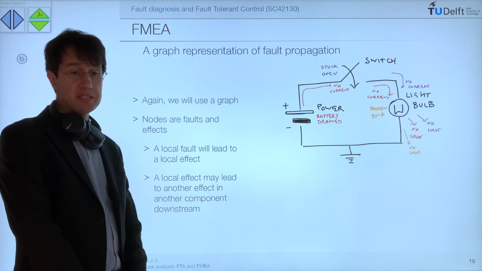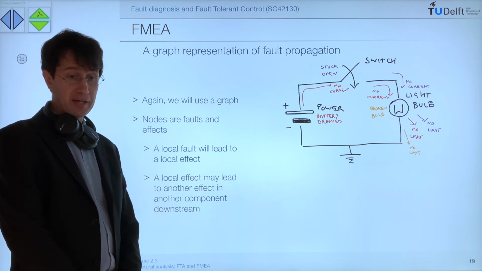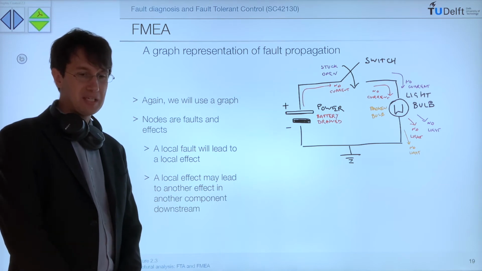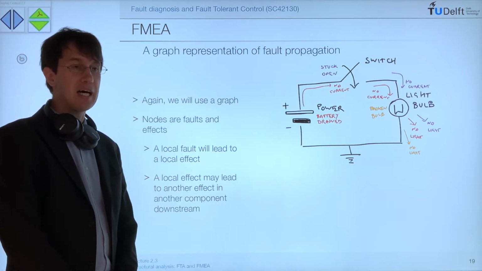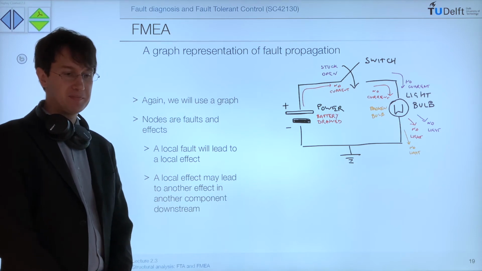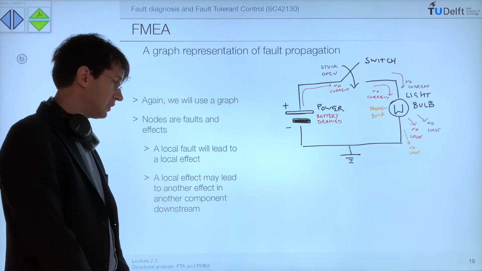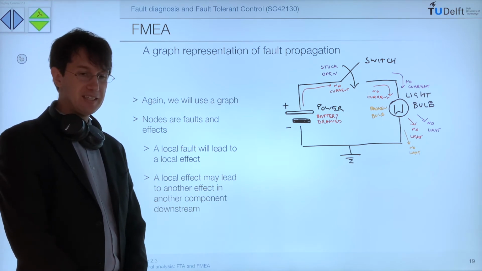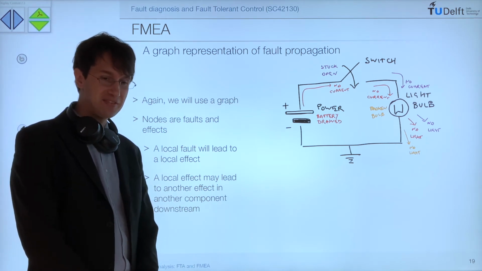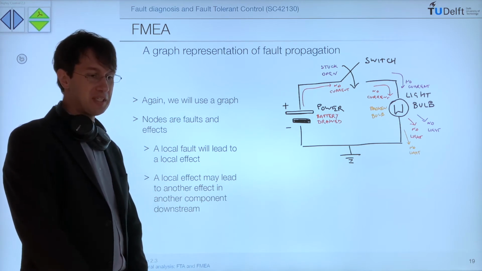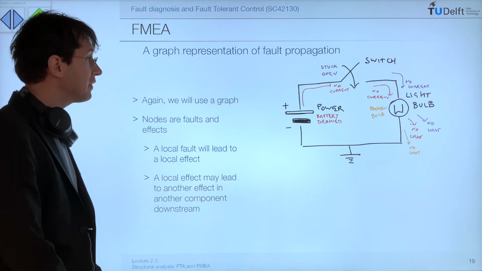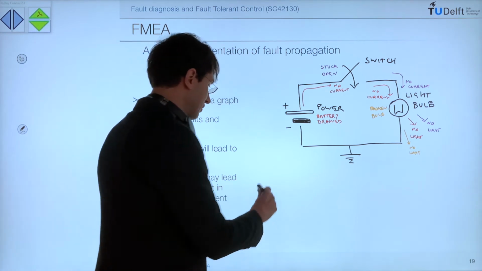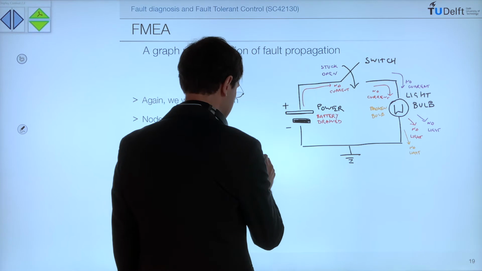So you may wonder at this point if there is a formal way to describe how local faults get propagated at higher level through effects. And indeed, there is one. Intuitively, we can draw something like this, yet another graph that is encoding this propagation. So we have three components here, and we can then consider three levels.